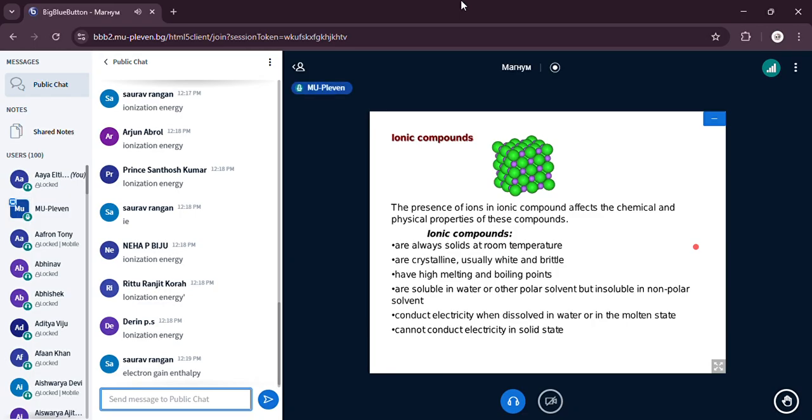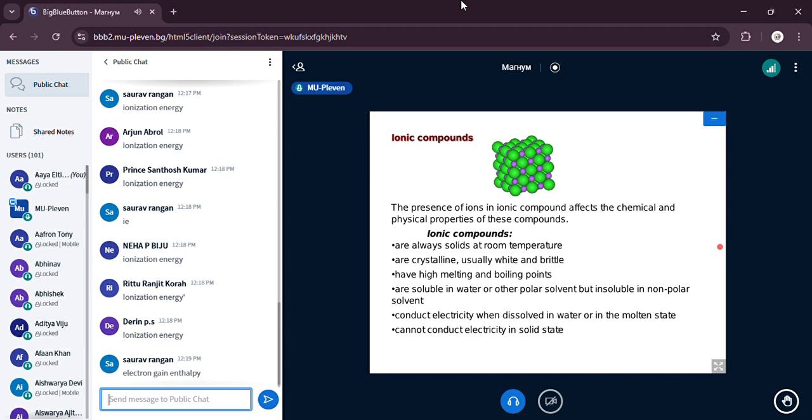Usually such compounds are more soluble in polar solvents and water, and they are not soluble in non-polar solvents. Conductivity of these compounds is different in water solution and in molten state.